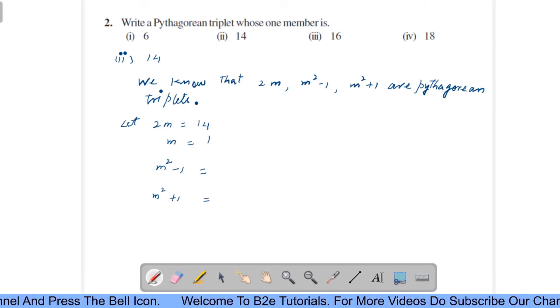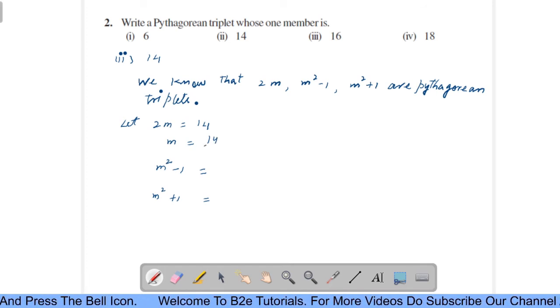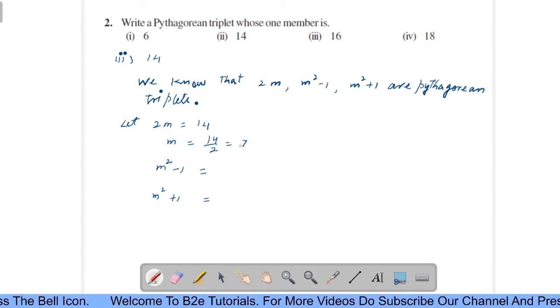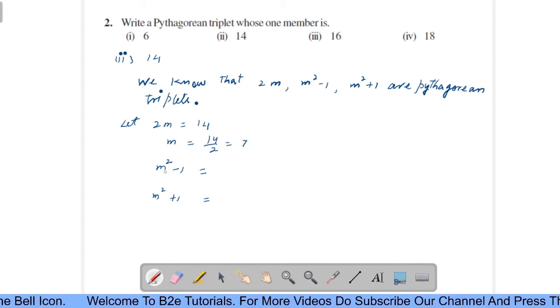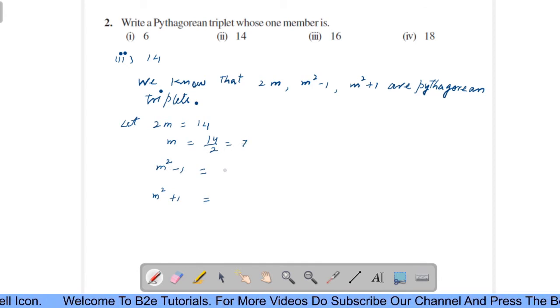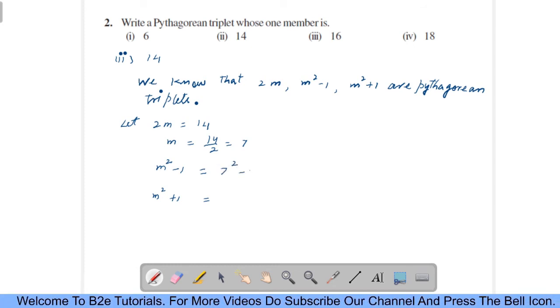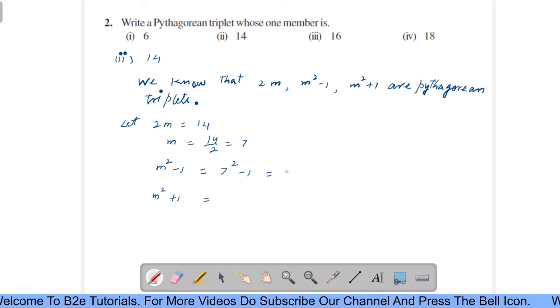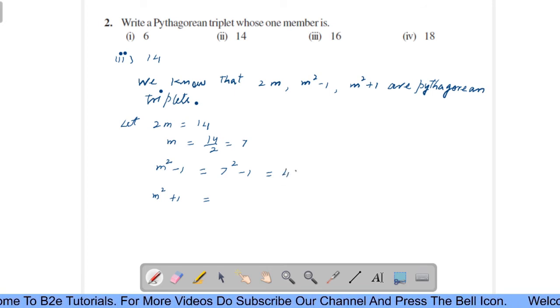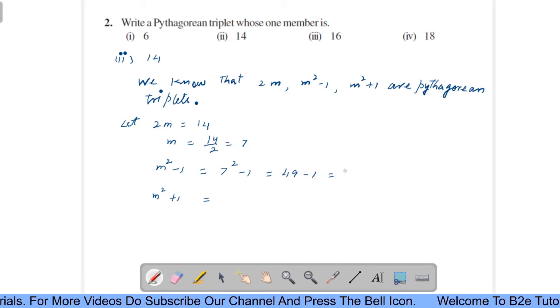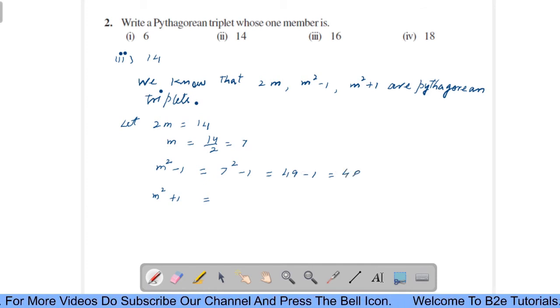M is equal to 14 upon 2, that is 7. Therefore find out m square minus 1. Here m is 7. 7 square minus 1. 7 square is 49. Minus 1 it is 48.